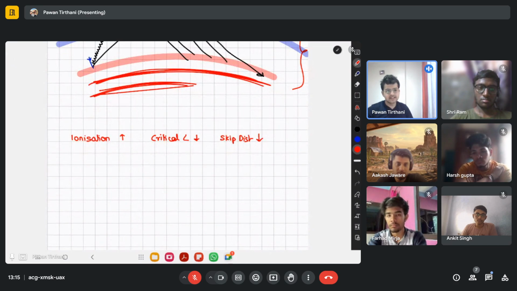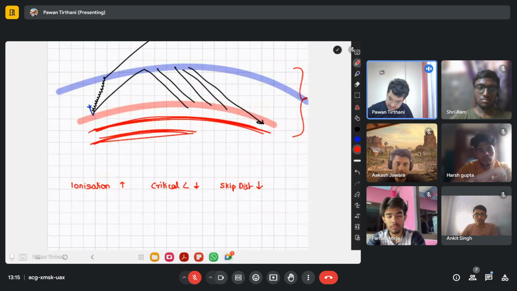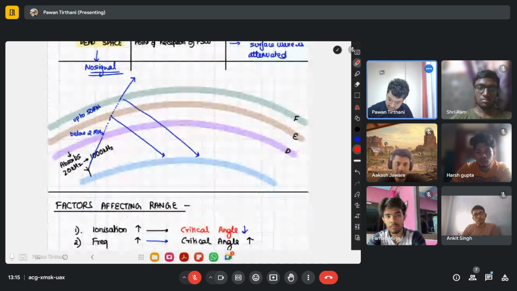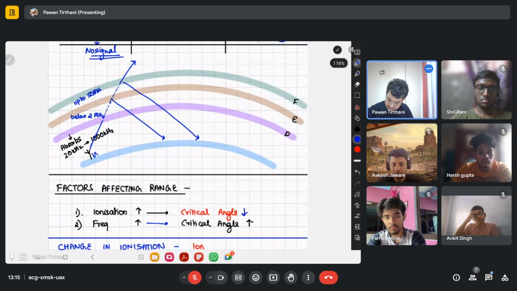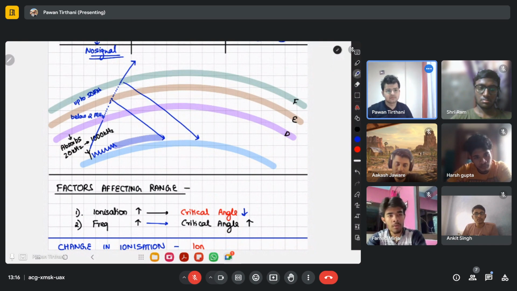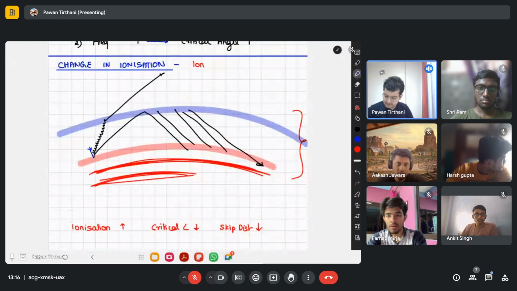What will happen to dead space? Earlier dead space was from here to here. Now it is only from here to here. So dead space has also decreased.